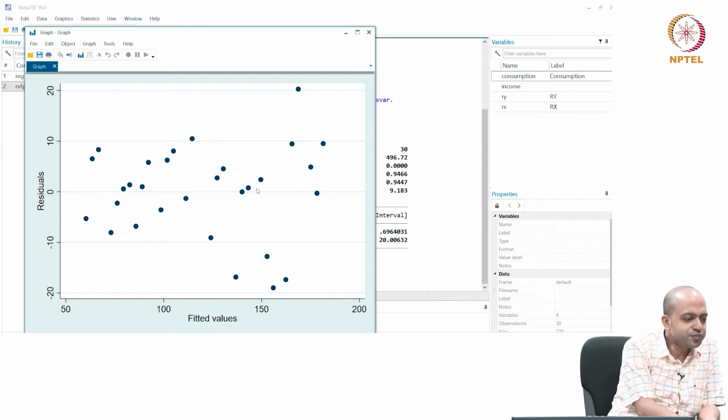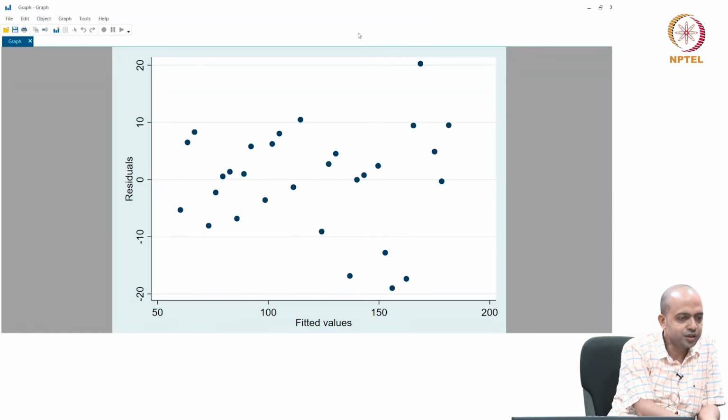And then from this plotting, what you can observe, look at this. There is no clear pattern, but we can say that it is not constant. See, this is the 0 line. I can say that there is some kind of increase in the error variance, though it is not very clear.